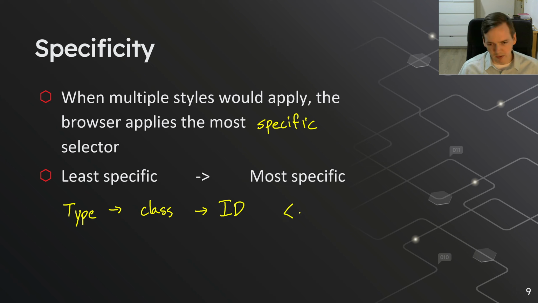We might have a paragraph that has class equals, let's call it, description. And it has ID equal to definition.